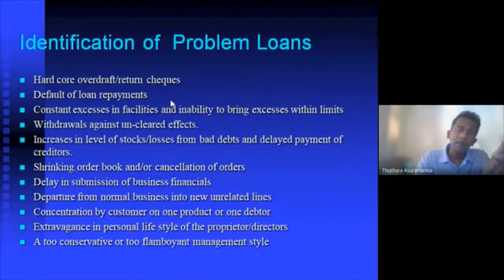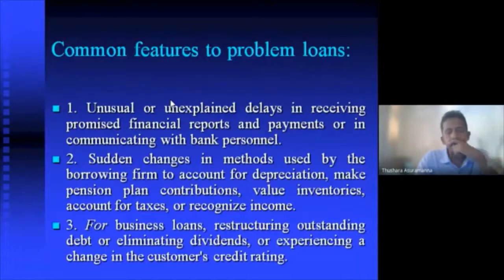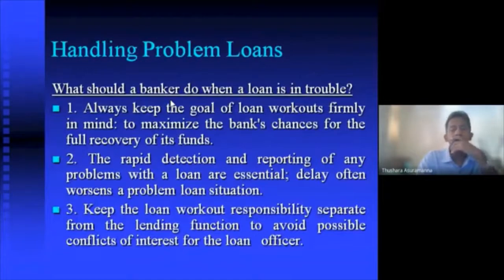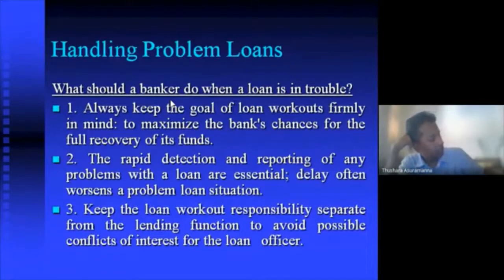Why do we need to identify? Because there are some common features for these problem loans, like the 10 points that we have discussed. It is important to understand the symptoms, the danger signals, and the common features of problem loans, and then how we are going to handle them once we identify them, what we can do as a banker.